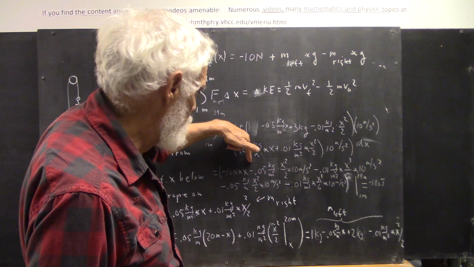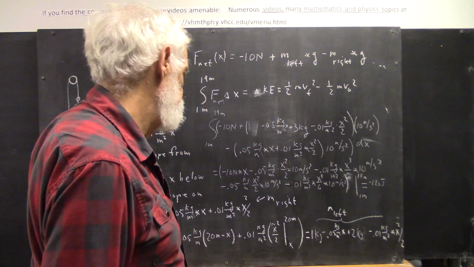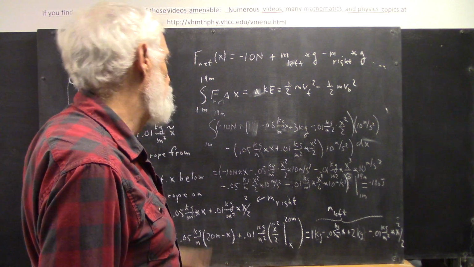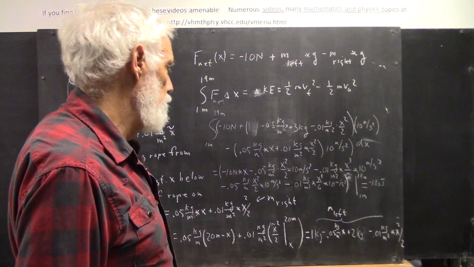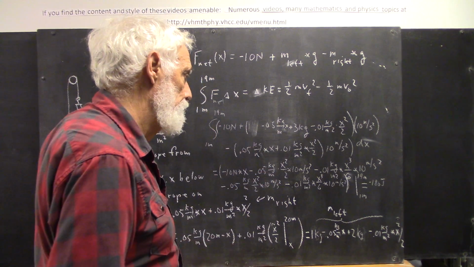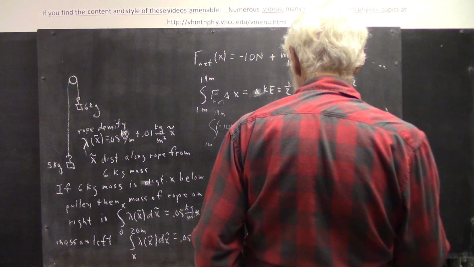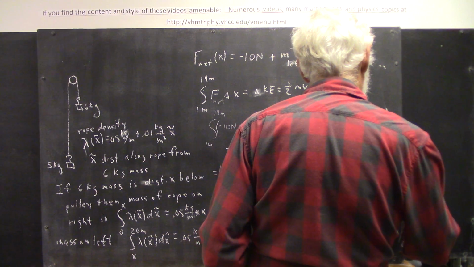And we're going to have a negative on that. 0.05 times 360 is 18. So we're going to have minus 18 joules from this term. 360 times, yep, negative 18 joules.